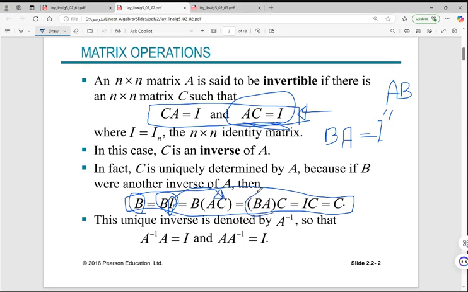So you have BAC. What is BA? BA equals I. So instead of BA, you can put I. So you will have IC, and IC equals C. So you get this conclusion that B equals C. So they are the same.